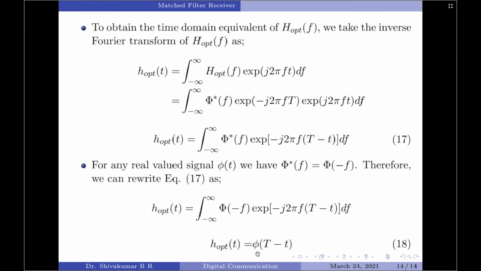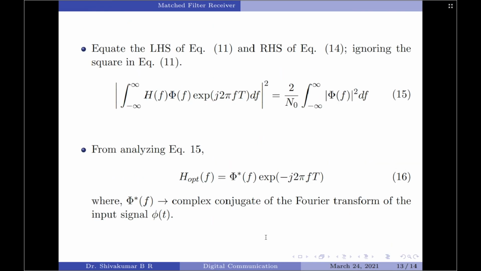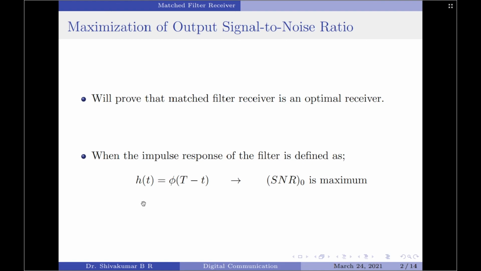This in fact is the expression we started this discussion with. Let me just go back and show you that. You see, we started by saying the impulse response of the linear filter should be defined as phi of capital T minus small t, and if this is so, SNR output is maximum.